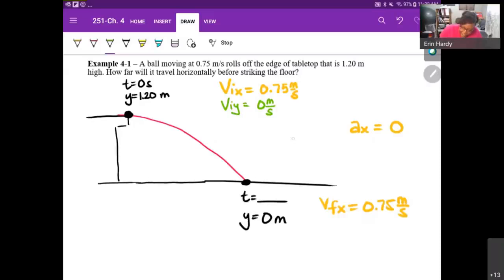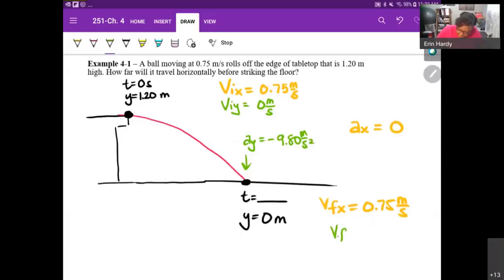This is a result of the fact that a_y is not only non-zero, but it's negative. So I'll say a_y is minus 9.80 meters per second squared. This is a vector that is directed downward.